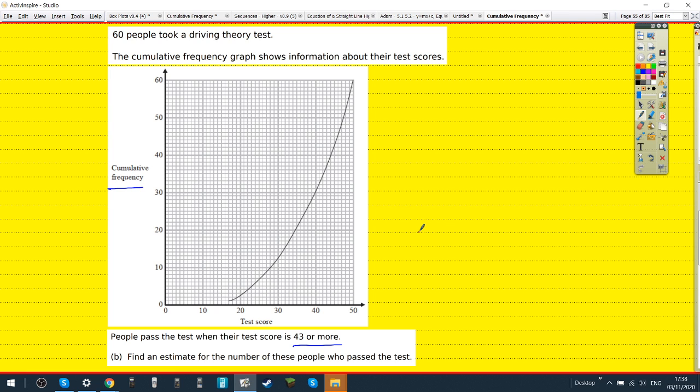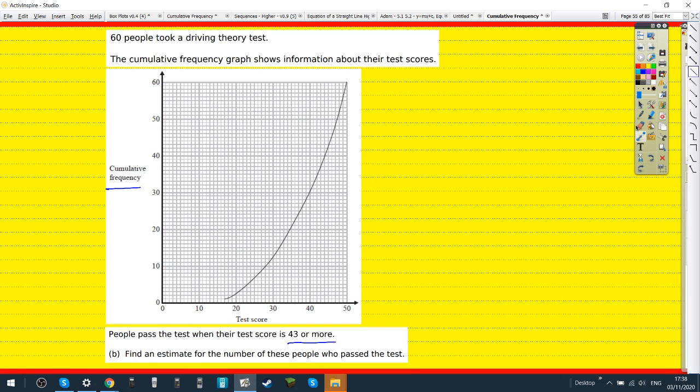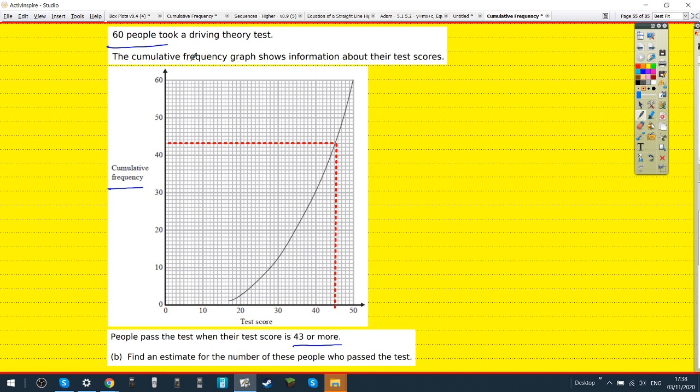Estimate a number for the people who passed the test. So everything above 43. This is 60 people who took a driving test.